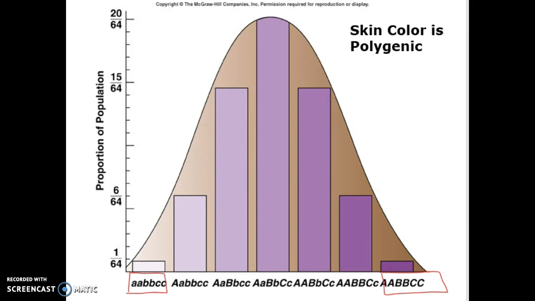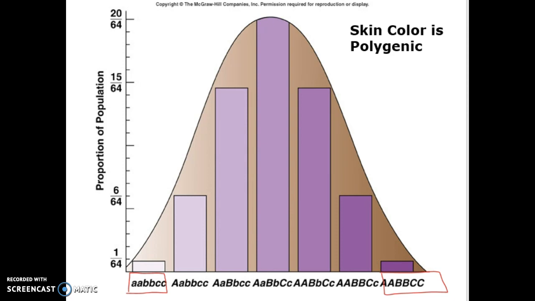Your pigment production is determined by your genetics. The genetics say this is how many little pigment factories you're going to have in your skin cells. The environment then does play a role. The environment causes the factories to kick on and produce pigment or not produce as much pigment.